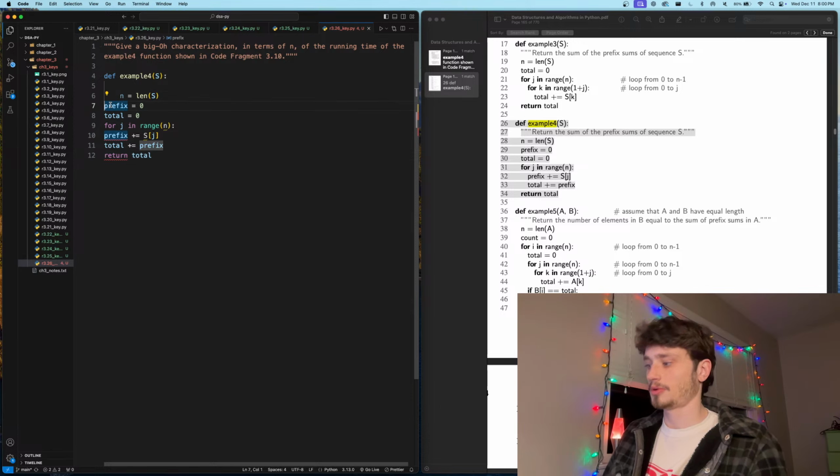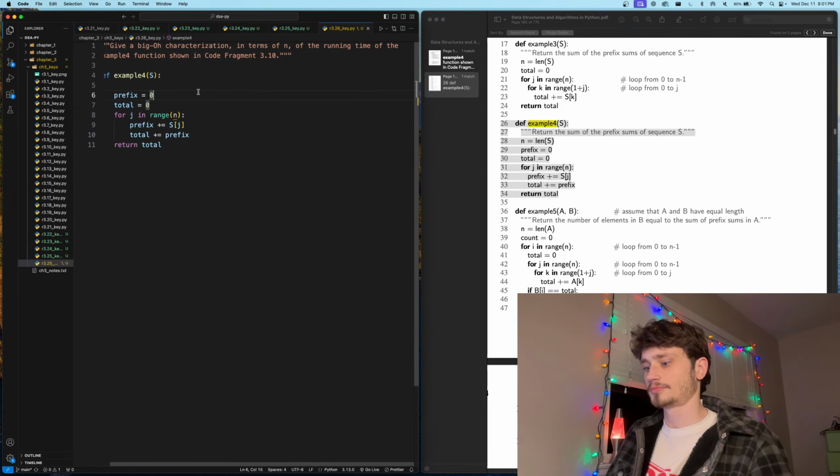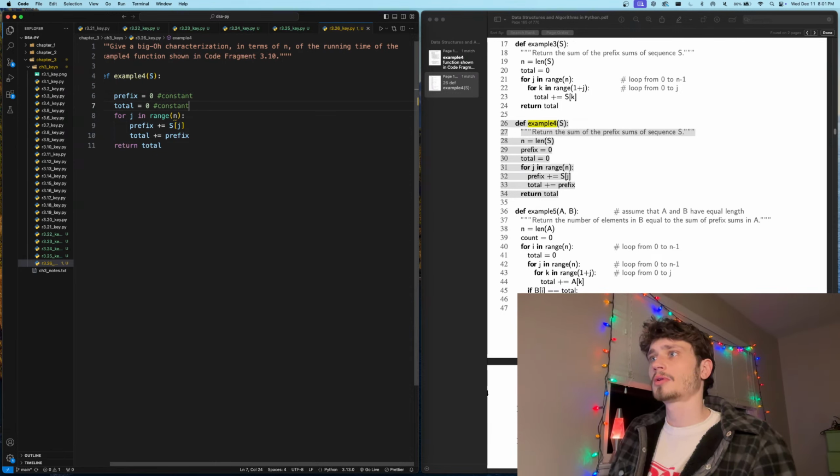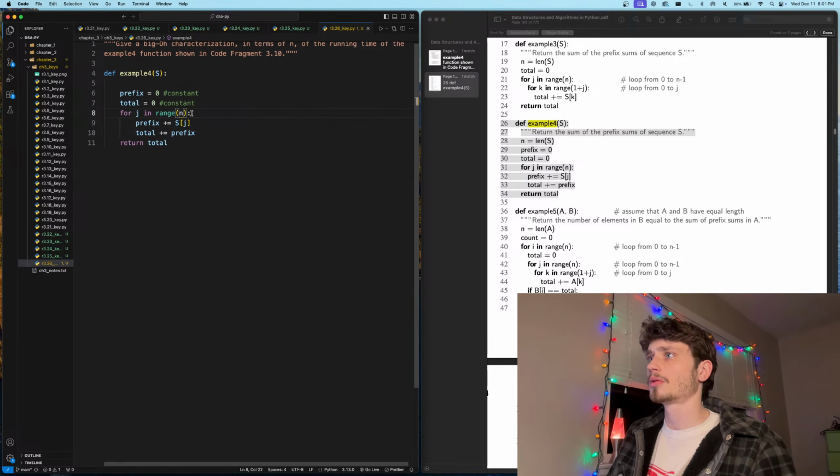All right. Okay, so this one, this is going to be constant. This is going to be constant. What is range n? Oh, we're missing a variable here.